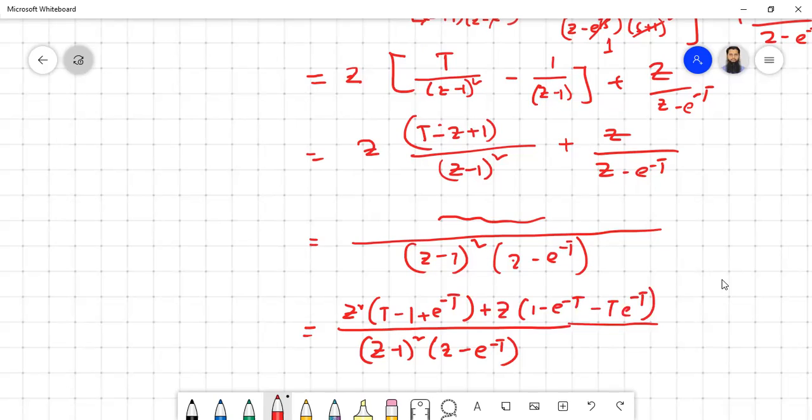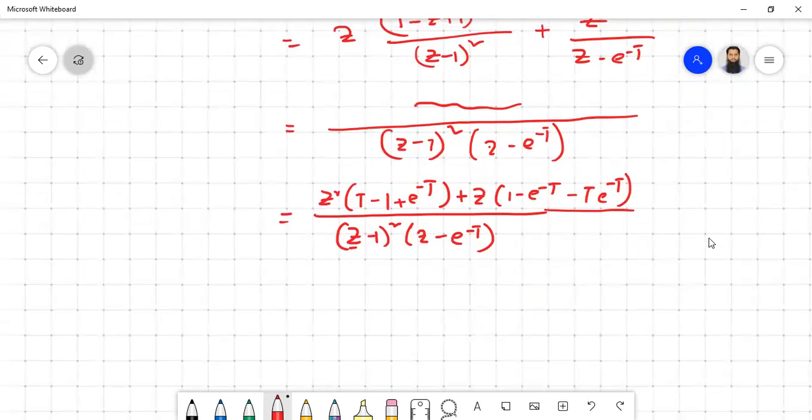Since the order here is z square and z, so z cube, so numerator and the denominator, if you divide by z cube, then it will give you the solution in terms of z inverse.